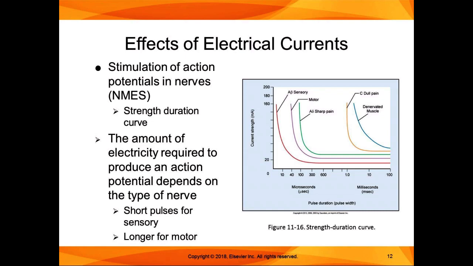You could be stimulating A betas, motors, and A deltas. If you're around 300 microseconds and maybe around 60 milliamps, you could be stimulating all those nerves. So there are settings where you can be stimulating motor, sensory, and pain nerves.